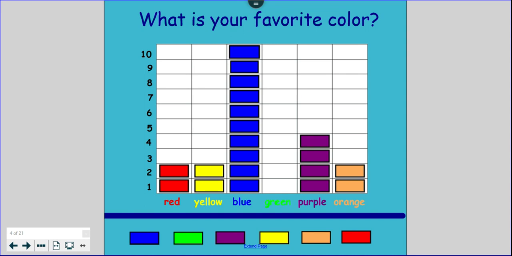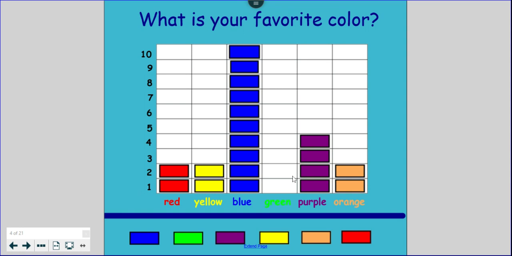I see some of the colors, only 2 people chose them. I see that red had 2 people choose that as their favorite color, 2 people chose yellow as their favorite color, and 2 people chose orange as their favorite color. And those aren't very tall, but I do see a color that has less than 2.